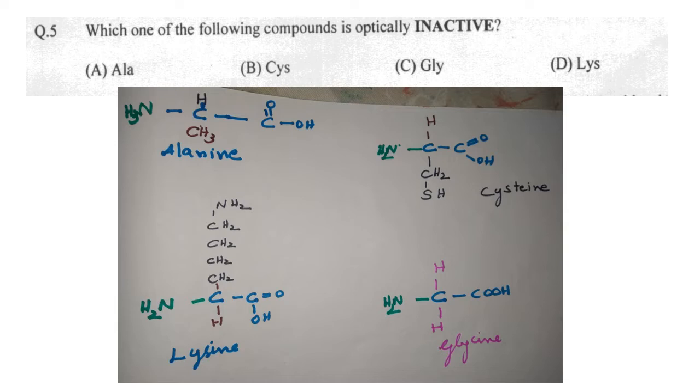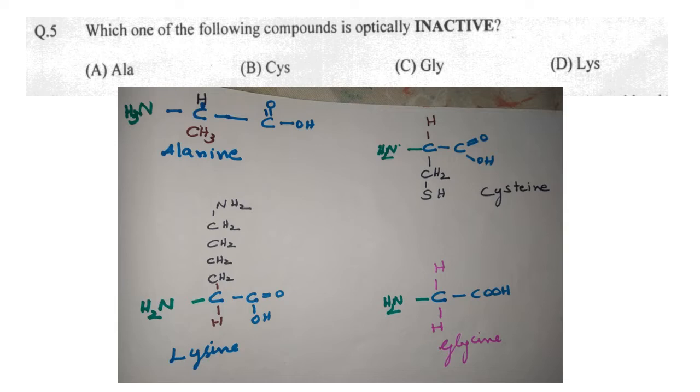If there are 4 different groups attached to the alpha carbon atom, then it is optically active. If similar or same groups are attached to the carbon atom, it is optically inactive. Now the question is for optically inactive compounds, and they have given alanine, cysteine, glycine and lysine as options.